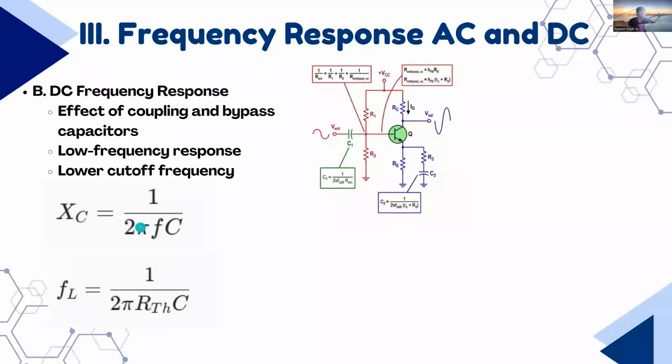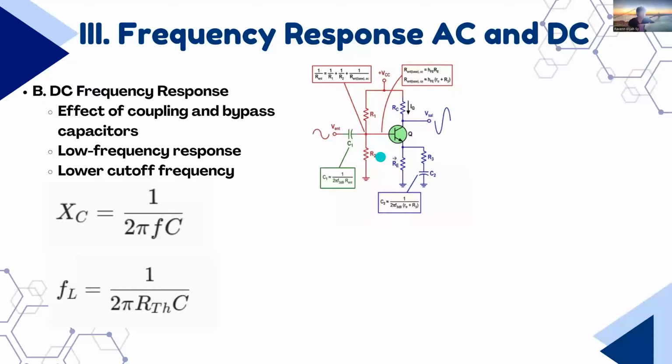This capacitor sits in series with the signal path at the input and output, and one more capacitor here. As the reactance increases at low frequencies, they form voltage dividers with the circuit's internal impedance. This attenuates the AC signal before it can reach the transistor base or the output load.